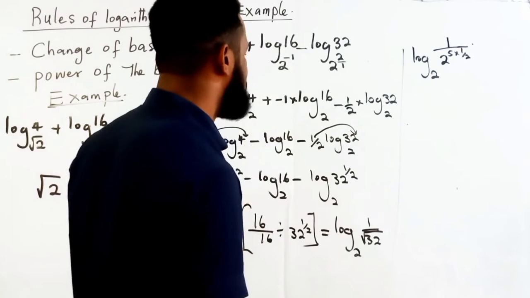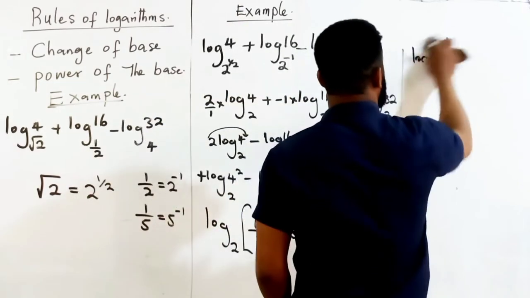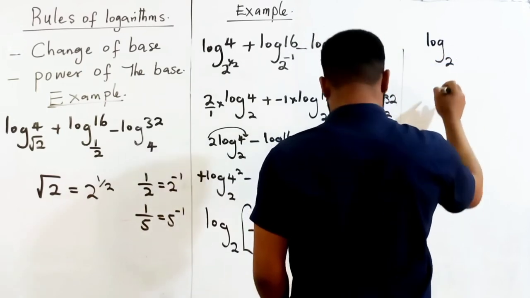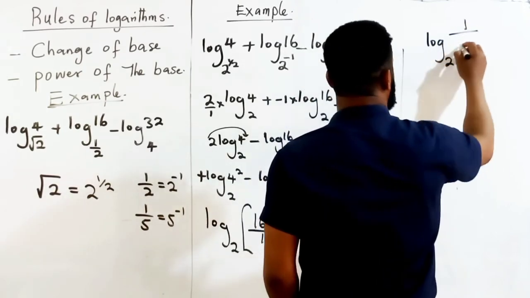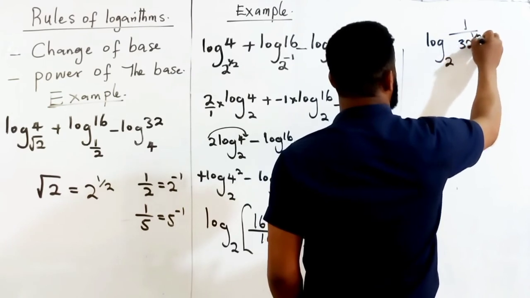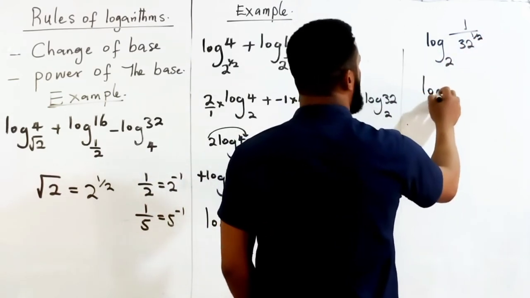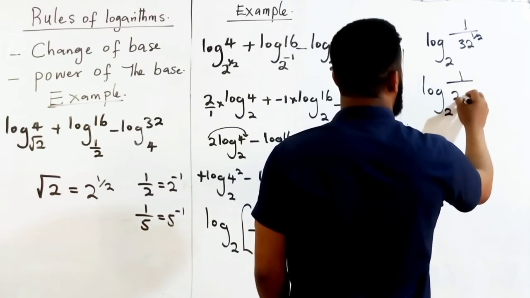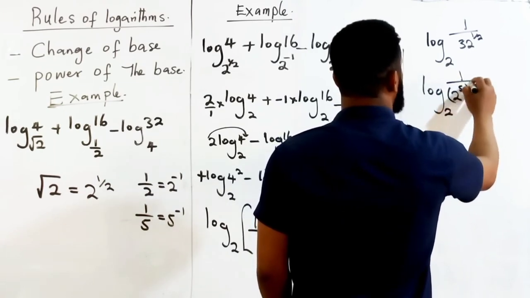You know what that means? Okay, let me break it down. So I have log base 2, 1 all over 32 raised to the power 1 over 2. Right? So this is log base 2, 1 all over 2 raised to the power 5, all bracket 1 over 2.